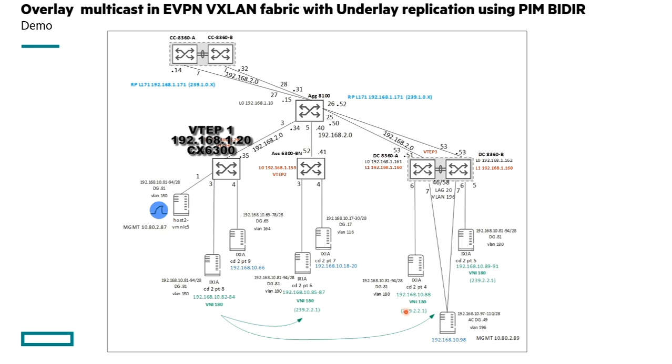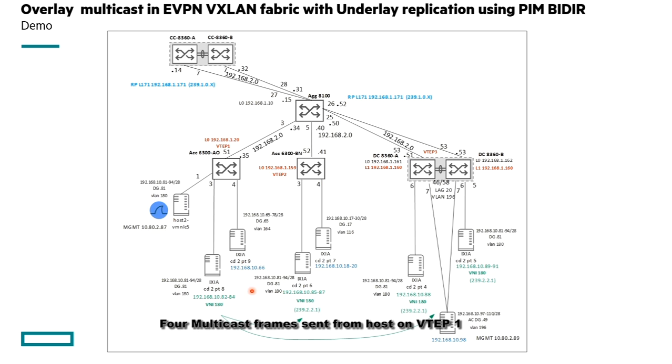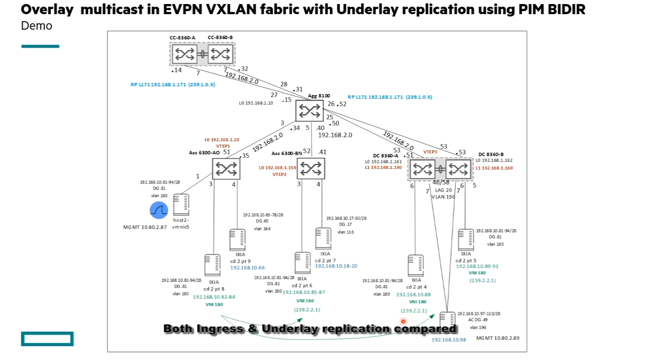We will be bridging layer 2 multicast in this demo, which is a typical use case. 4 multicast frames will be sent from a host on VTEP 1, and hosts on VTEP 2 and VTEP 3 will join multicast group 239.2.2.1. We will then compare ingress head end versus underlay replication for multicast traffic. Now let's get to the demo.